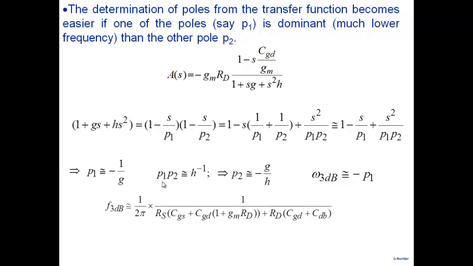Many times you make an approximation that you have a dominant pole, P1, and so the 3 dB frequency is nothing but the dominant pole. Most of the time, the analysis is fine, and you can check that the other pole is much farther away as compared to the first pole. So that's a more general way of doing frequency response.